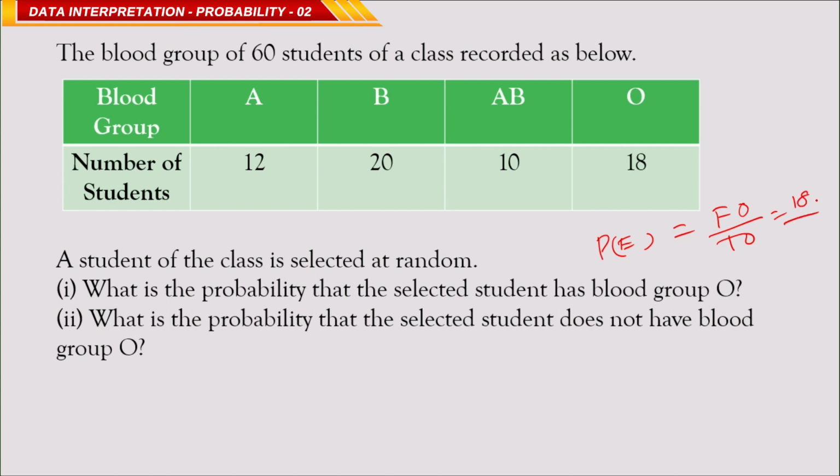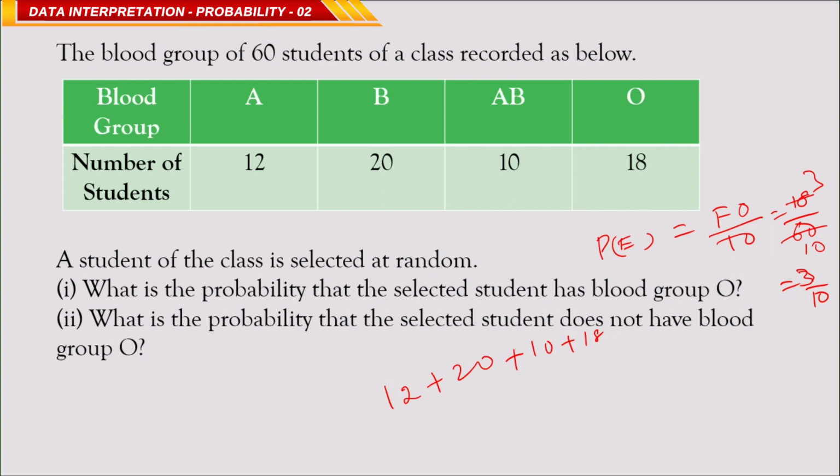What is the total outcomes? How many students are there? 12 plus 20 plus 10 plus 18, that is 32, 42, 60. So, this is 18 by 60. Six 3s are 18 and six 10s are 60, so 3 by 10 is the answer.